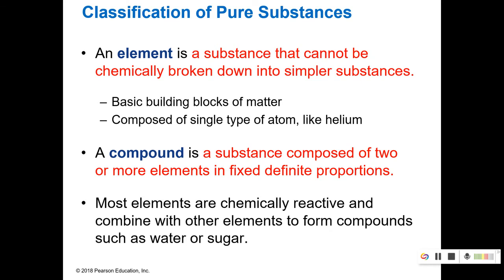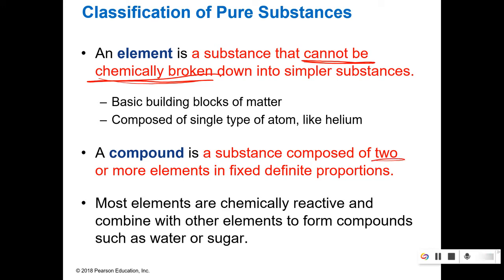All right, and then an element is something that cannot be chemically broken down. It's super important. Okay, once you break an element into its pieces, it's no longer an element. It's just random protons, electrons, and neutrons. So that's why we say it cannot be broken.